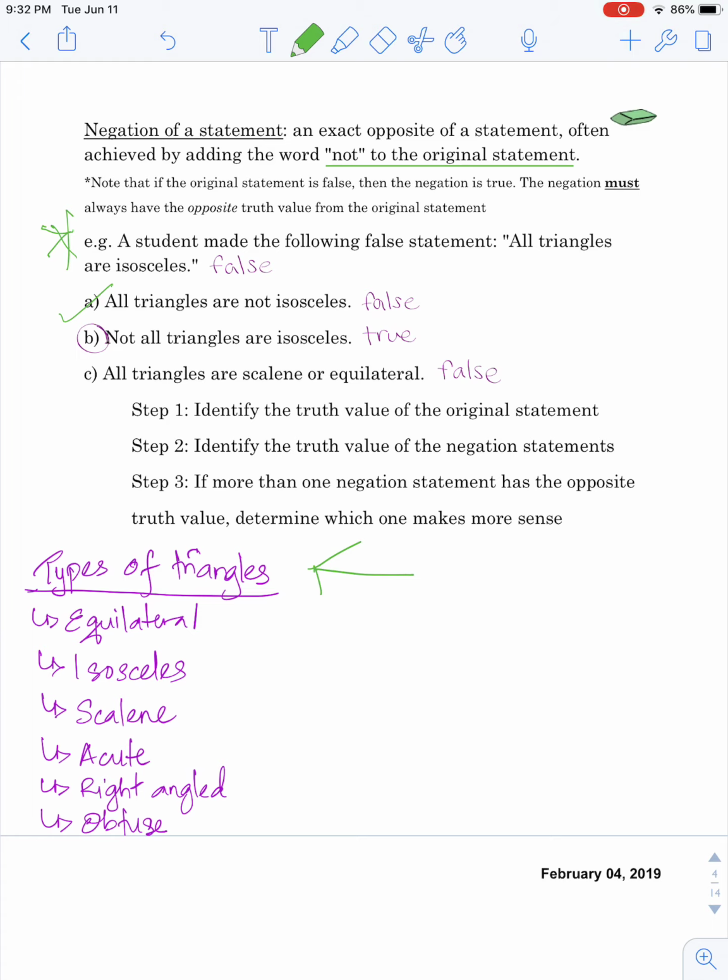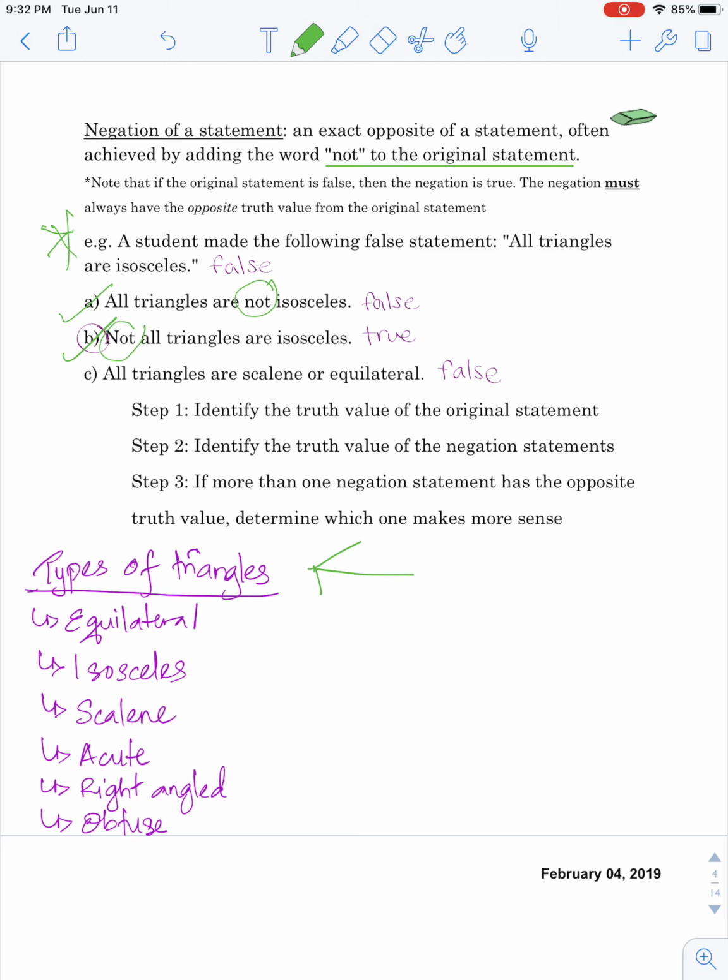I'll get back to it in a minute, because the answer lies in B, the second one. Not all triangles are isosceles. Now compare both those statements. A says all triangles are not isosceles, and B says not all triangles are isosceles. So it's a matter of where the word not is going.